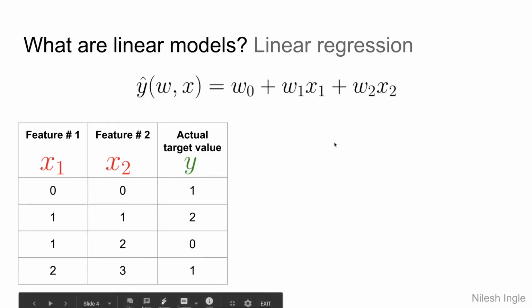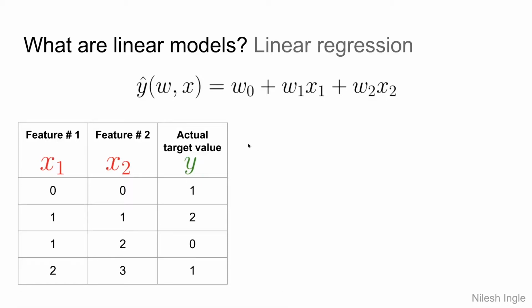And in linear regression, the idea is to use this set of feature values and the target values and find the values for the parameters w0, w1, and w2. So when we fit the model, that's what the program is doing in the background.